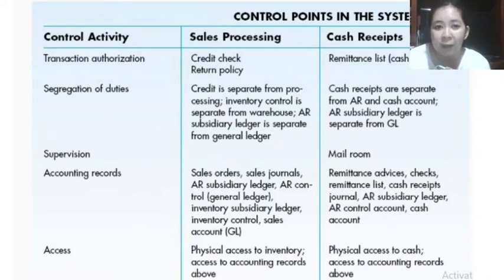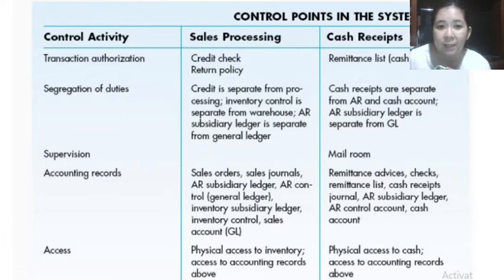For the accounting records, for the sales processing: sales orders, sales journals, subsidiary ledgers, control ledger for the accounts receivable, as well as for the inventory, should be separated and should have their own records. For the cash receipts, of course, remittance advice, checks, remittance list, cash receipts journal, AR subsidiary ledger, and control, as well as the cash account should be established.